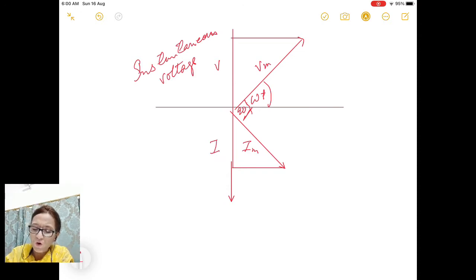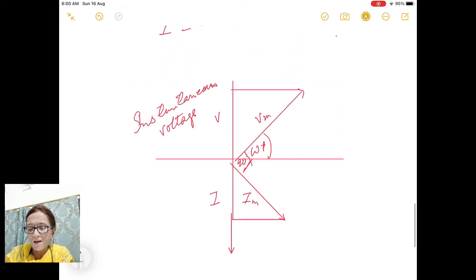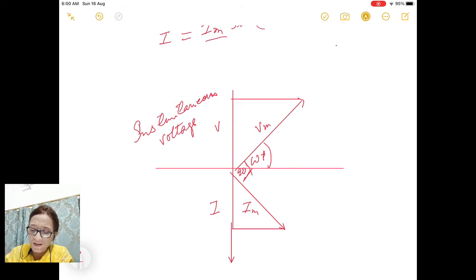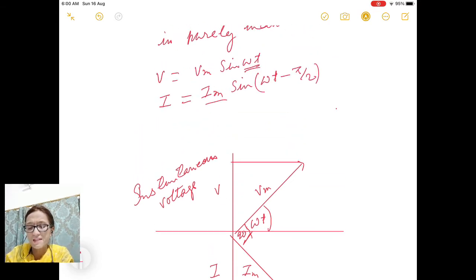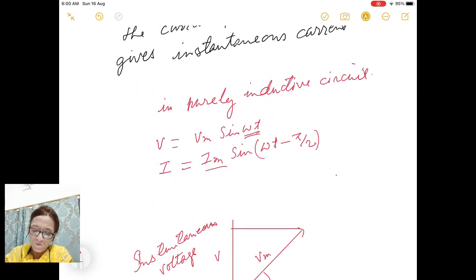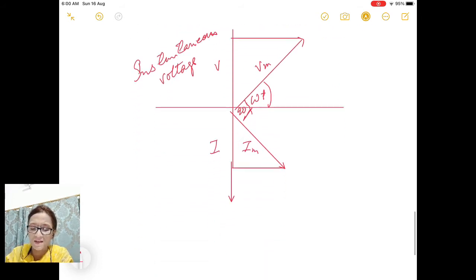So the magnitude of this phasor is given to you by current amplitude, and this is at an angle 90 degree less than the phase angle of voltage, instantaneous voltage. So this was your phase relationship between instantaneous voltage and instantaneous current in a purely inductive circuit. This is the phase relationship.